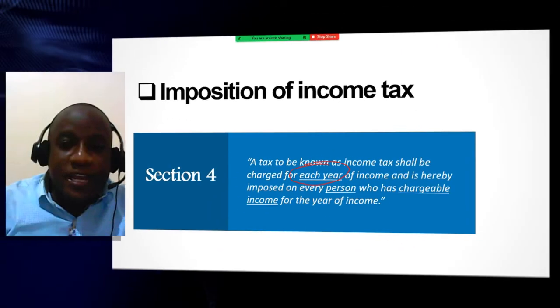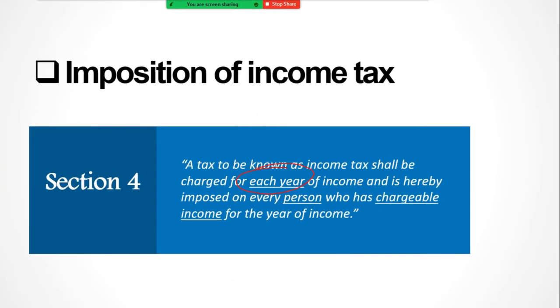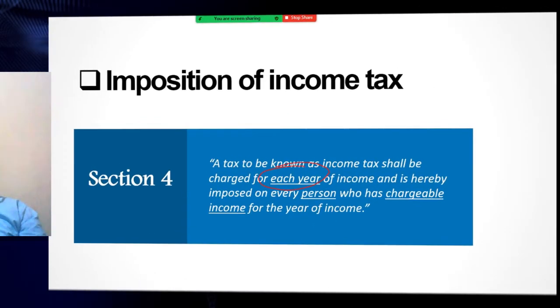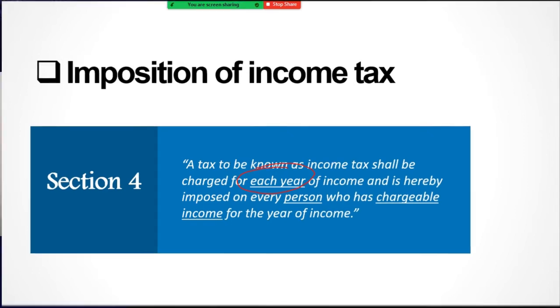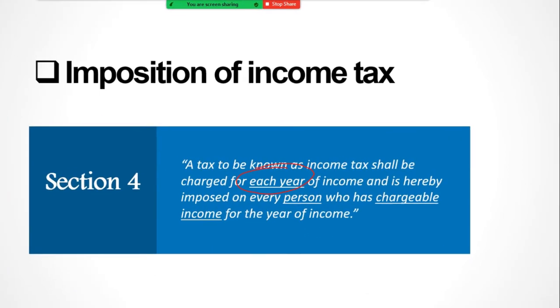Each year means that the tax is supposed to be charged for a period of 12 months. However, as we continue, we shall see that there are certain tax heads which are collected on a monthly basis, like pay as you earn. But according to section 4, ideally we are supposed to pay this tax after 12 months.